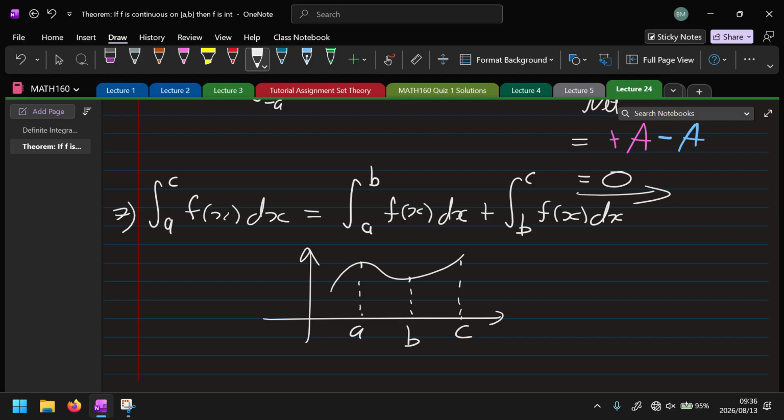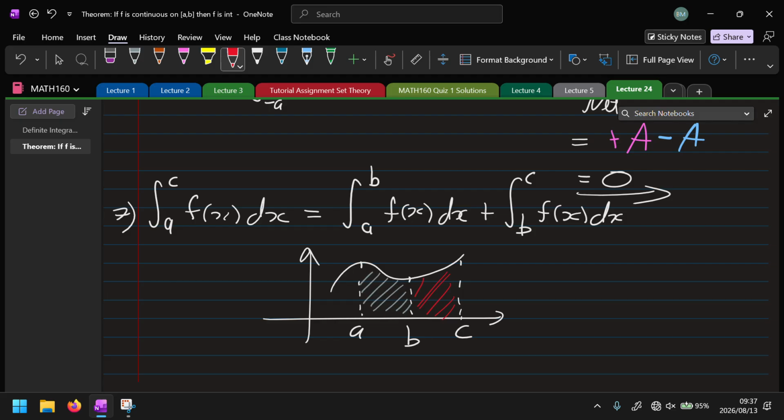It's this area over here. So let's put that in gray here. And what's this one? B to C. It's the area from B to C. So let's color that one in. And what are we doing on the right side? We're adding them. So it's this plus this. Well, that's just the total area. So it's that.